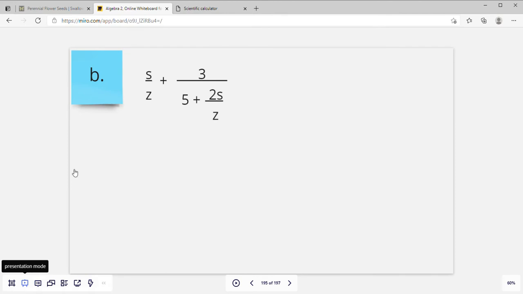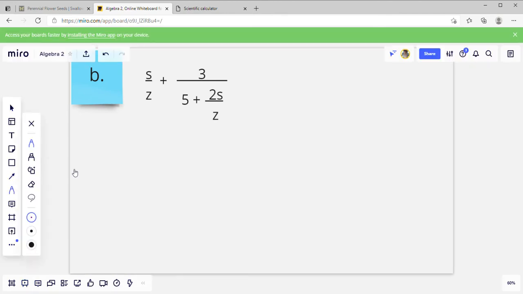Okay, so this has got a bunch of stuff for us to work here. I'm going to start with this part. So 5 plus 2s over z. My common denominator is going to be z, so I could just do 5z over z. So I just multiplied that side times z, and I'm going to get 5z plus 2s over z.